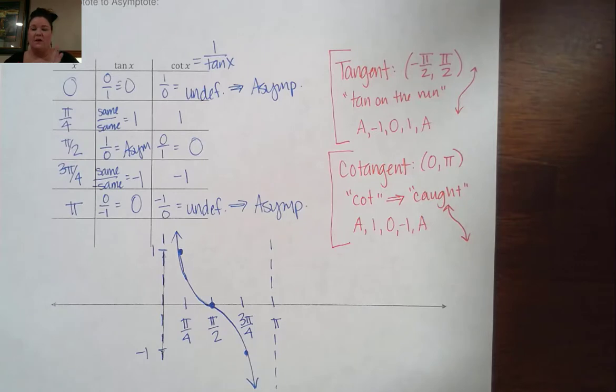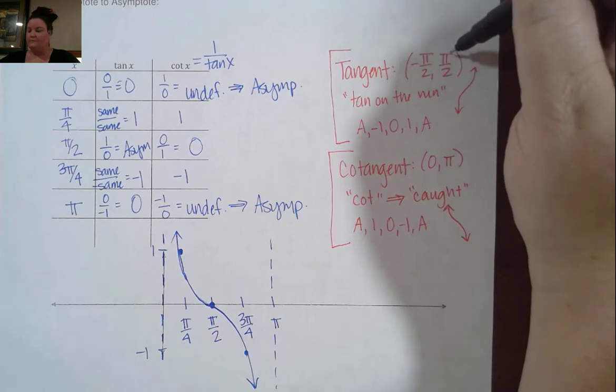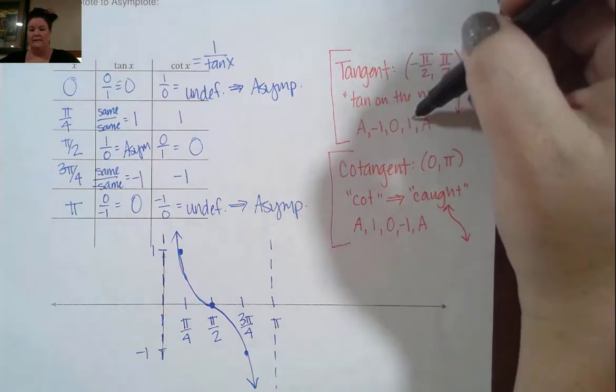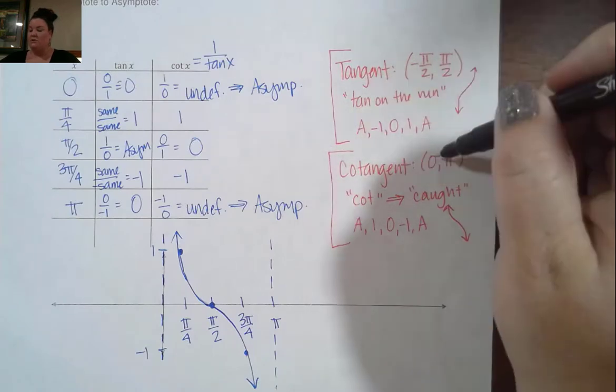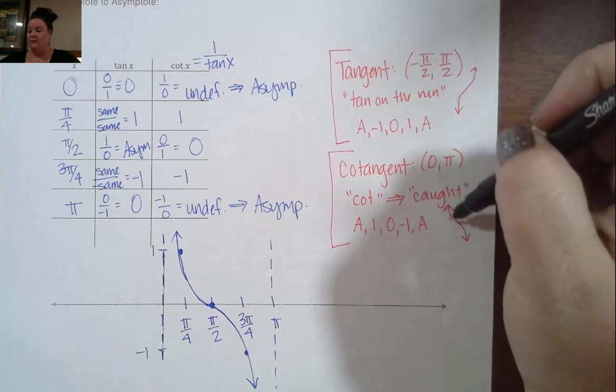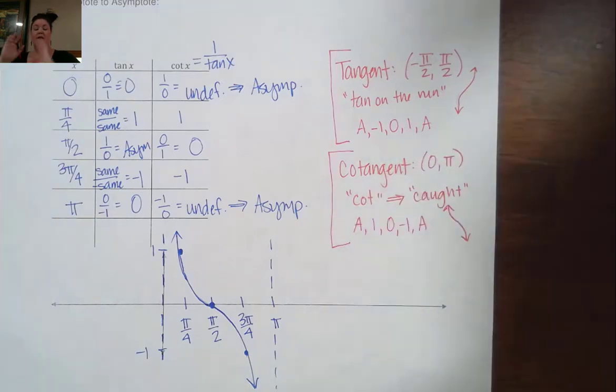They start with an asymptote, they end with an asymptote. They still use 5 points, right? But tangent goes from negative pi over 2 to pi over 2, and it's increasing, meaning we start at negatives and go positive. Cotangent goes from 0 to pi, and it's decreasing, meaning we start at positives and go negative, okay? Everything else stays the same, okay?